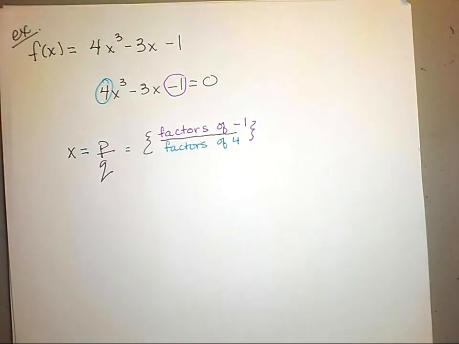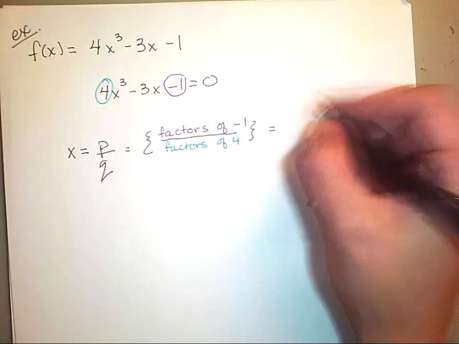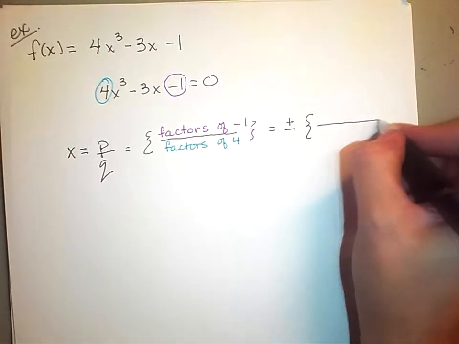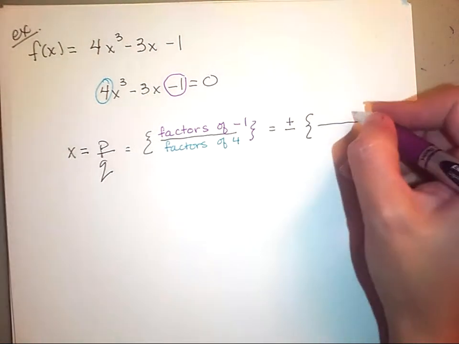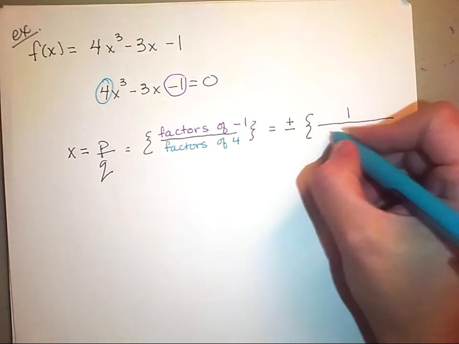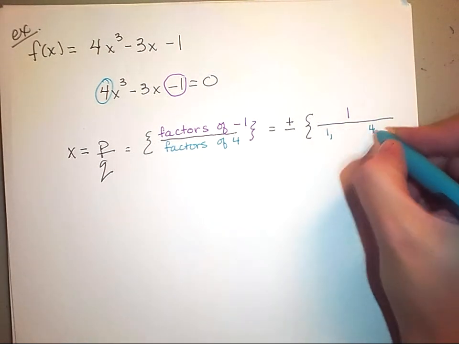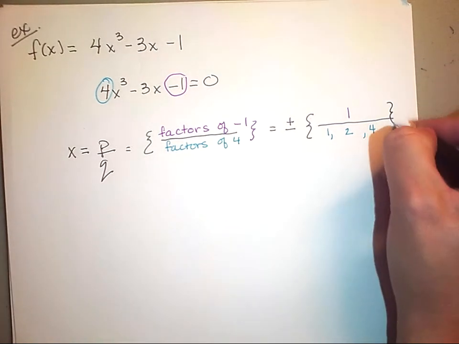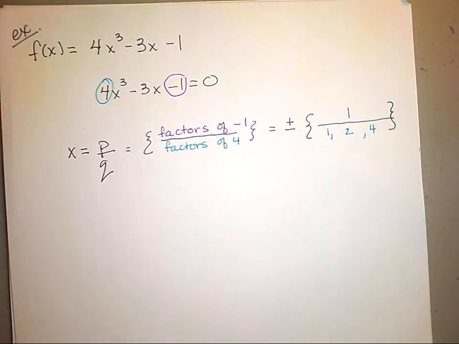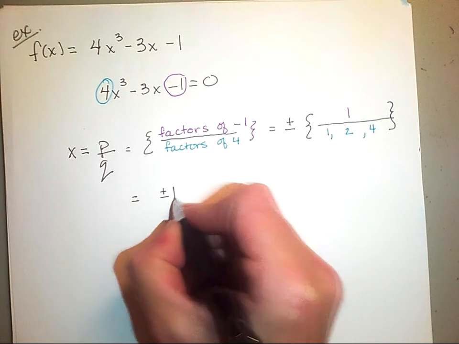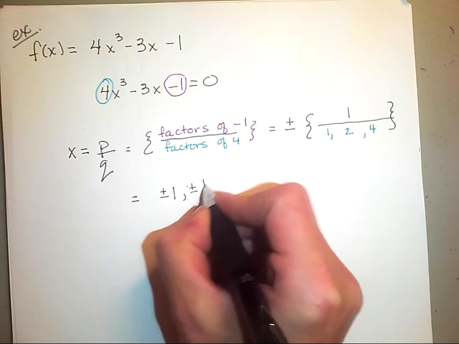Now to deal with this negative, let's just pull the plus or minus out here. The factors of 1 is really nice. It's just 1 in itself, so we don't have much there. The factors of 4, on the other hand, are 1, 4, and 2 times 2. So this is equal to plus or minus 1, plus or minus 1/2, and plus or minus 1/4.